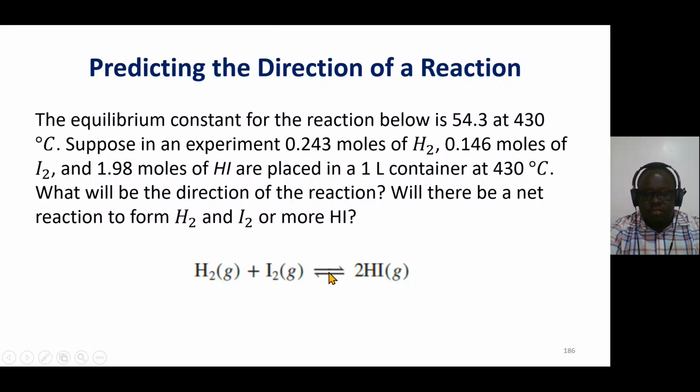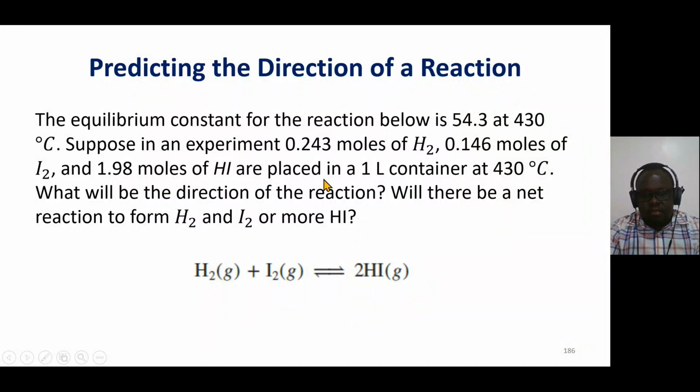Suppose that in the experiment, initially you have this number of moles of the species in this reaction. So you have 0.243 moles of hydrogen, 0.146 moles of iodine, and 1.98 moles of hydrogen iodide.